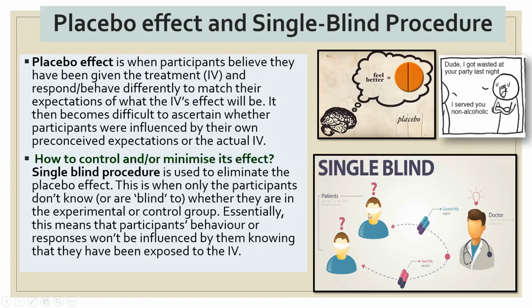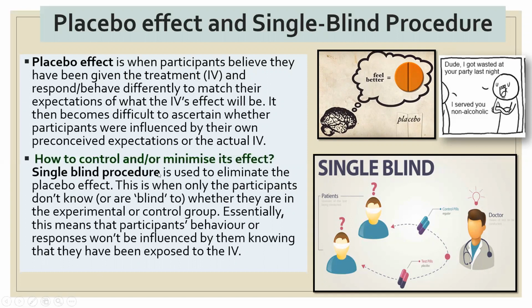When the participants don't know whether they're receiving the real treatment, the real IV, or just the placebo, the control treatment, they will not behave in a certain way. They won't change their behavior because they don't know which type of treatment they are receiving.